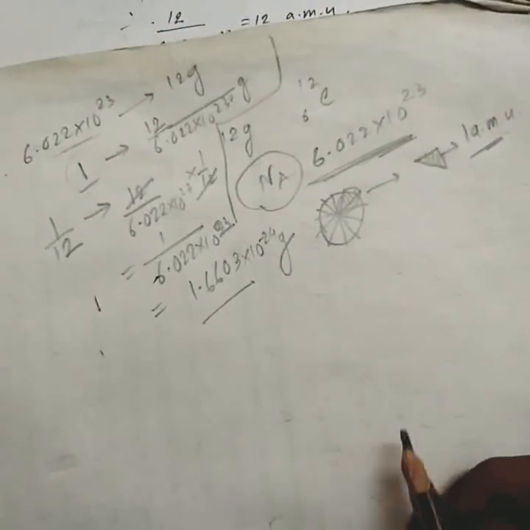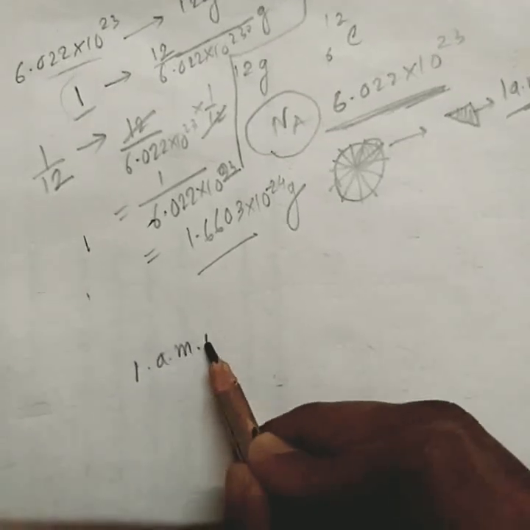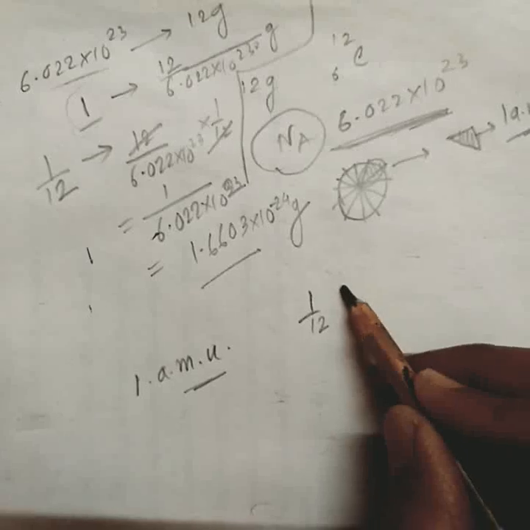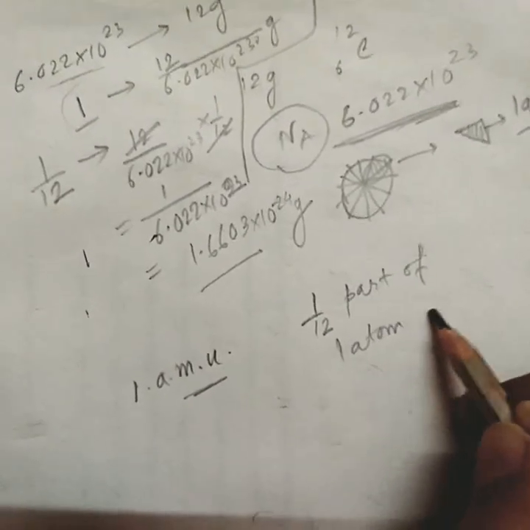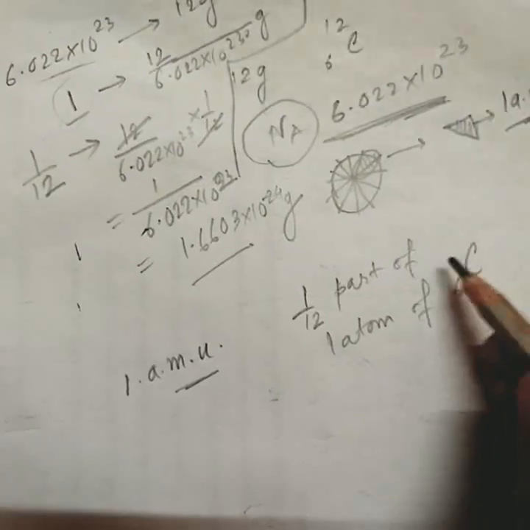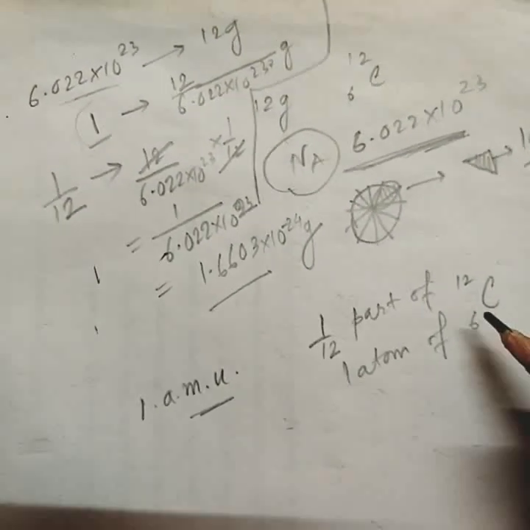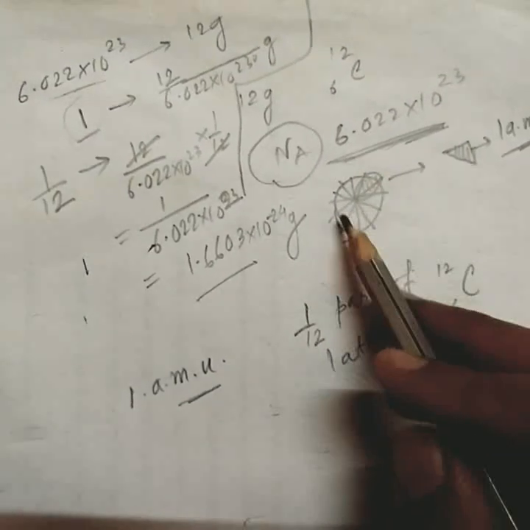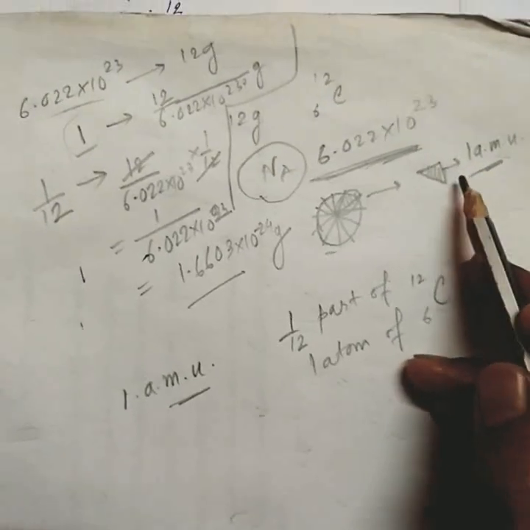Just now we have recapitulated the definition of one atomic mass unit, where we have seen that one atomic mass unit is defined as 1 by 12th part of one atom of 6C12, that is carbon 12 isotope, right? So if you take an atom of carbon 12 isotope, divide it into 12 equal parts and take one part out of it, then it will have the mass which is called one atomic mass unit.